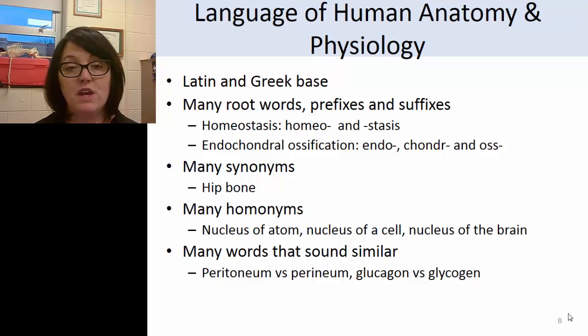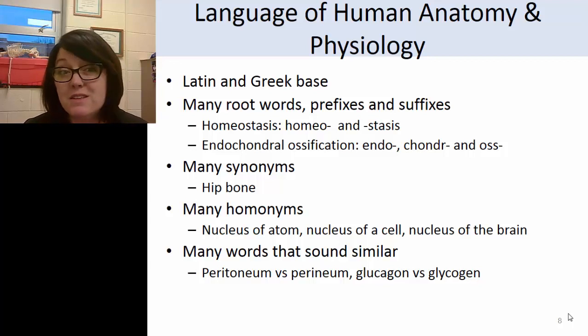So ossification is bone formation, endochondral is inside cartilage. So endochondral ossification is the formation of bone inside of cartilage. And this is the process that we use to make most of the bones in the human body. So you can see how if you know the word parts, you can come up with the meaning of the word.